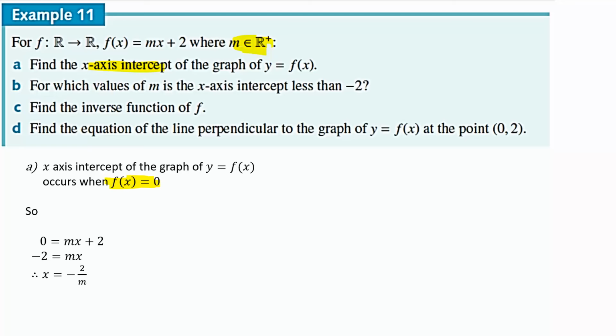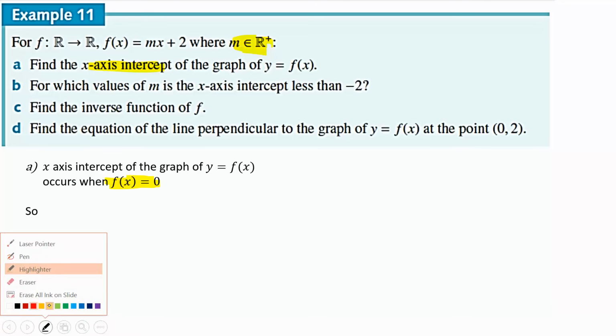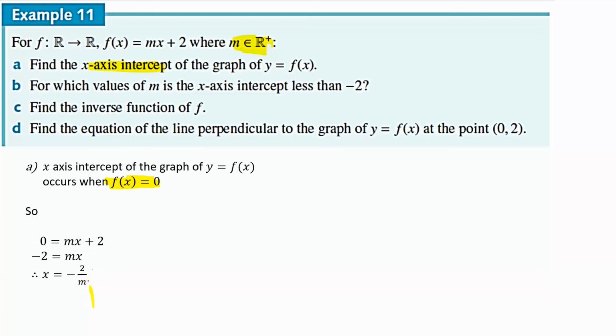That's what it's implying. If you had to visualize this, if m is always going to be positive, then you're always going to have -2 over a positive number. So logically, your x-intercept is always negative. Now logically, this makes sense.